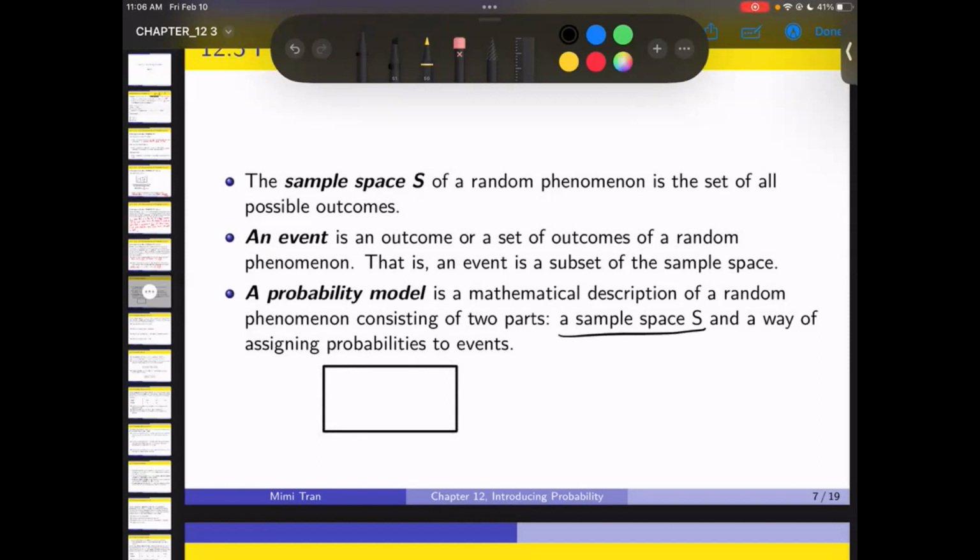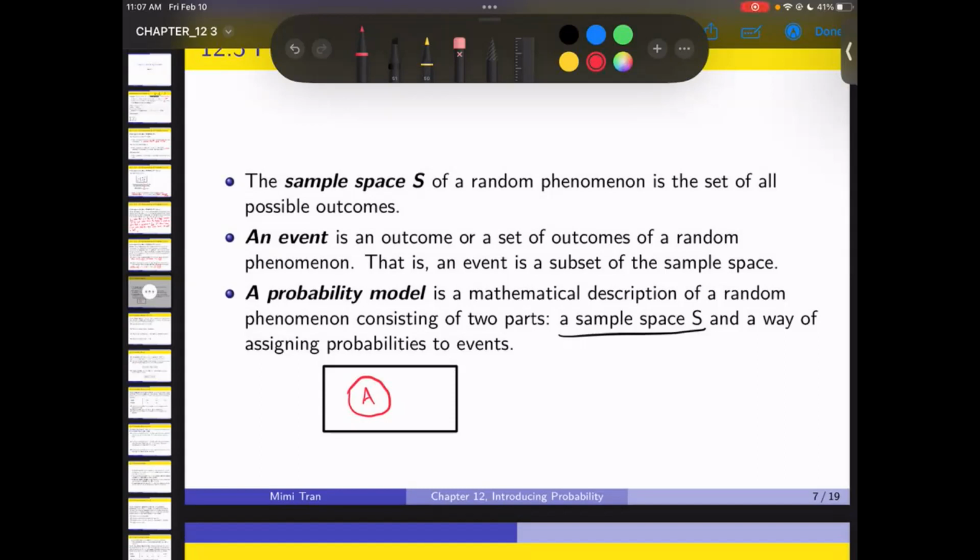And then if I want to denote the probability of A happening, I'm going to draw a little ball. That little ball is the probability of A. It could be 0.2, 0.1, doesn't matter, as long as it's between 0 and 1. So that's one way to write a probability model.